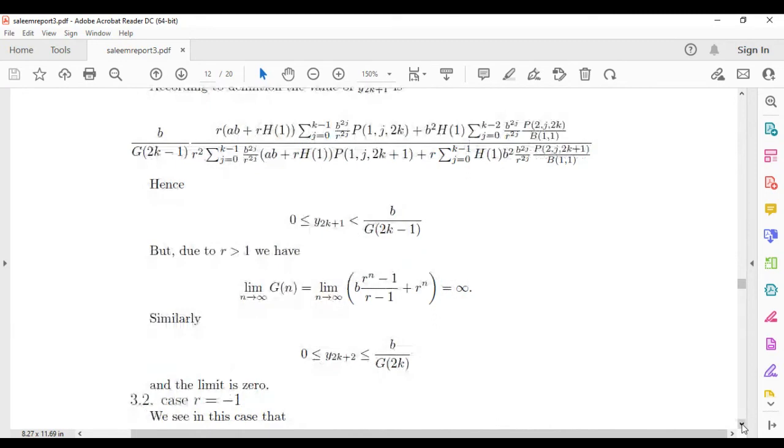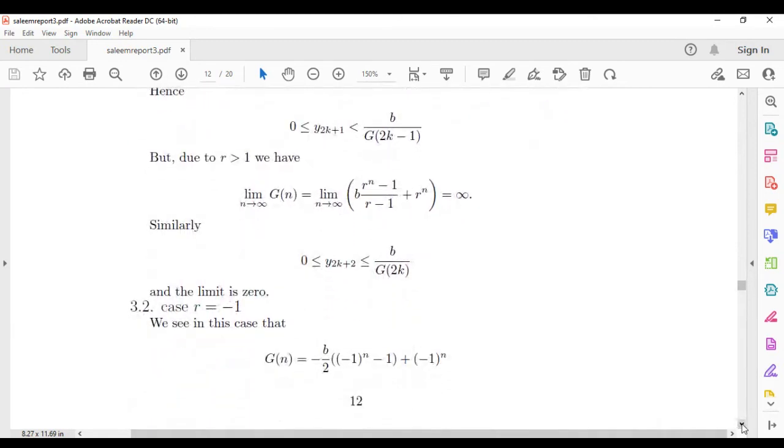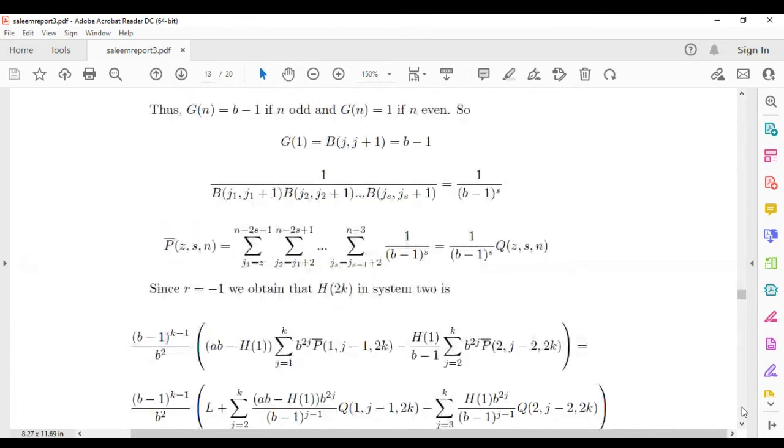The case r equals minus 1 was considered. In this case, gn is this simple function that just oscillates between two values. And in this case, we encounter this product as 1 over b minus s minus b minus 1 power s.